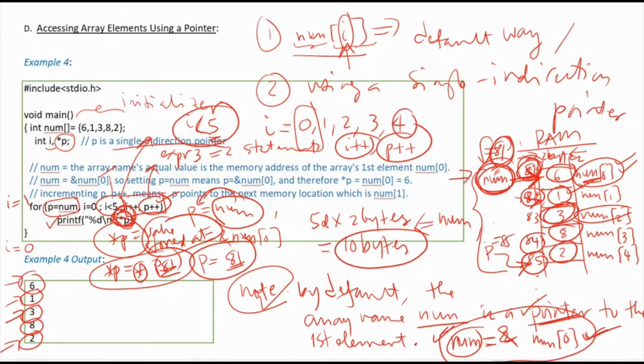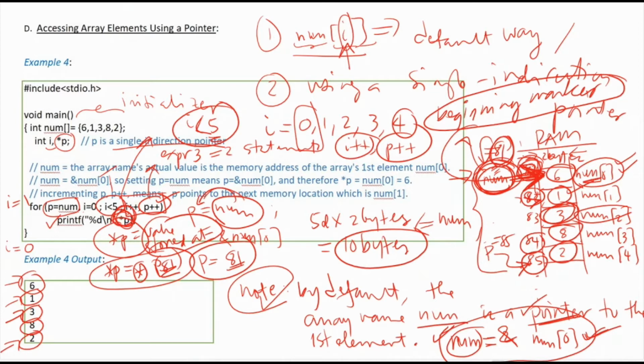It's because num is like a beginning marker that references where the array starts. So it is a beginning marker, and so you should not move it elsewhere. It's like a landmark that is not intended to point anywhere except to the beginning of the array.